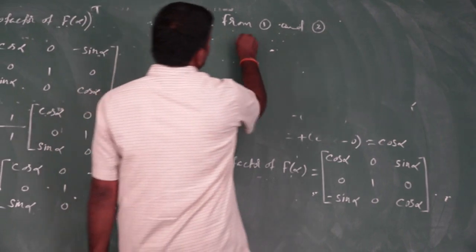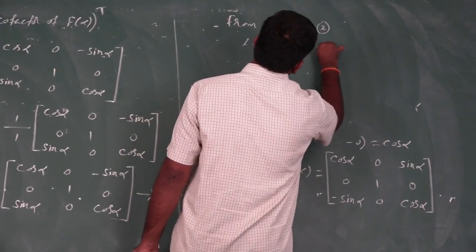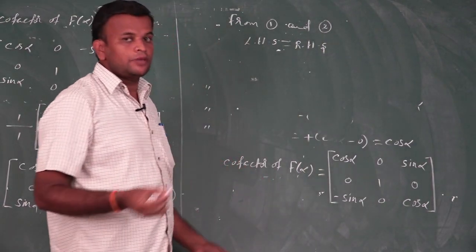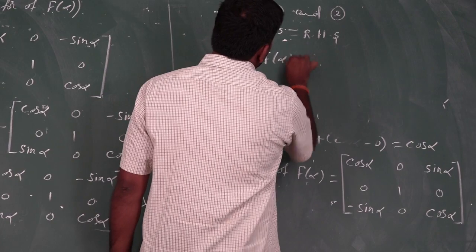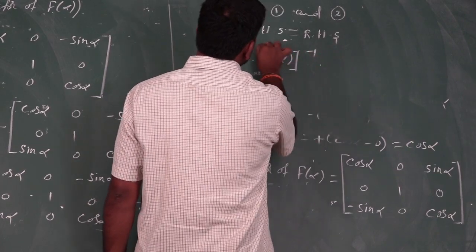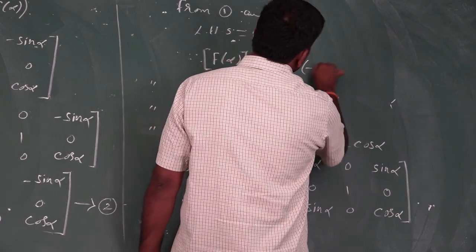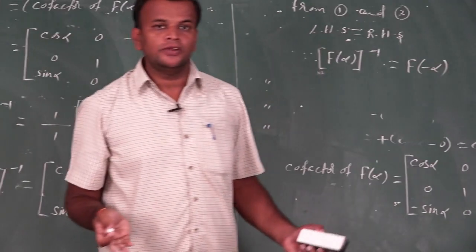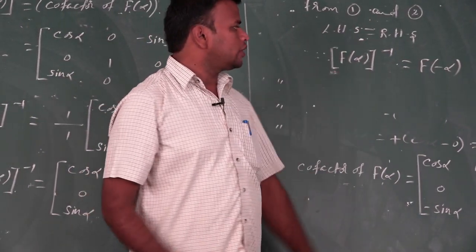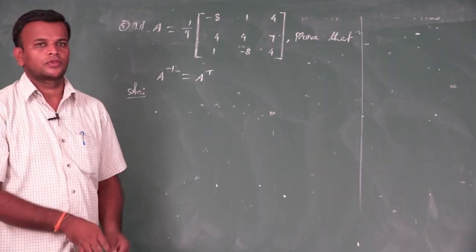Therefore, LHS and RHS are equal because both have the same value. Therefore, f of alpha the whole inverse is equal to f of minus alpha.